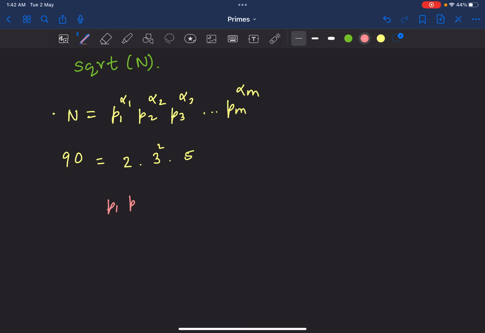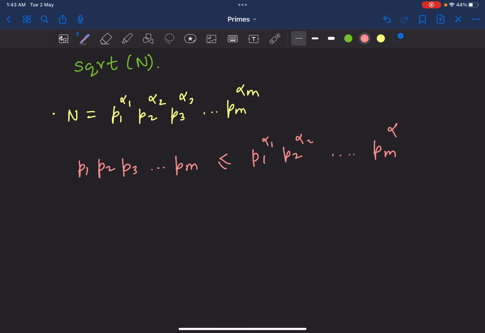Let's say we have this number n itself, and we can say that p1 times p2 times p3 up to pm is less than or equal to p1 to the power alpha 1 times p2 to the power alpha 2 up to pm to the power alpha m, right? This equality will hold when alpha 1, alpha 2, all of them are equal to 1, right? We can say this.